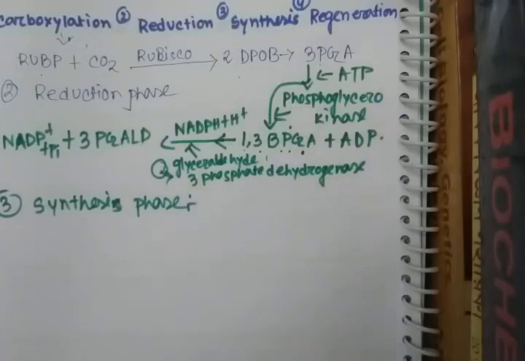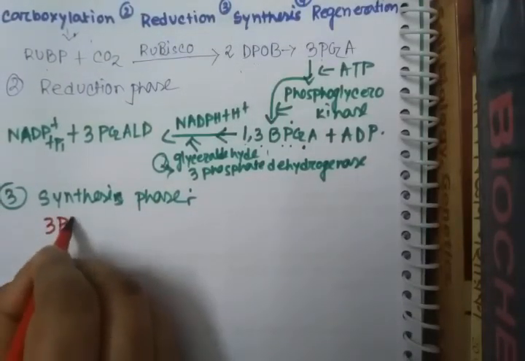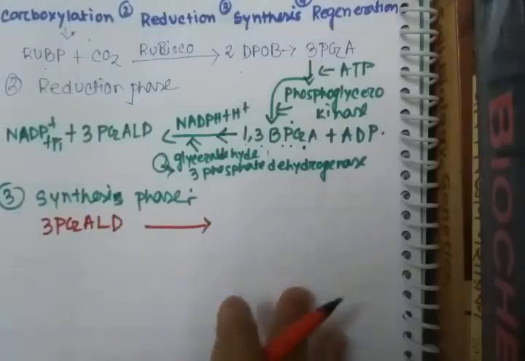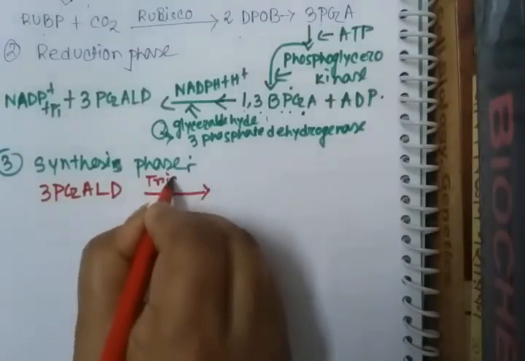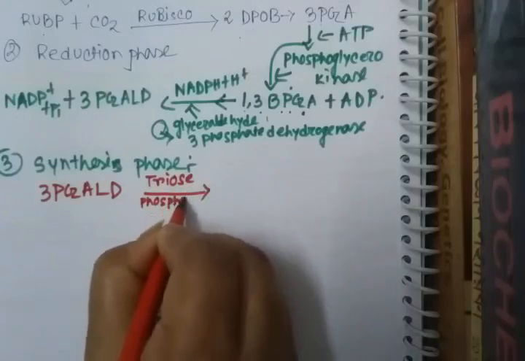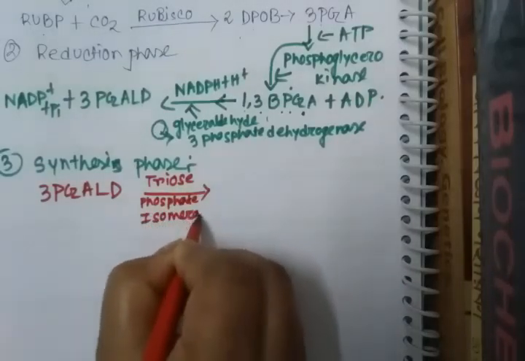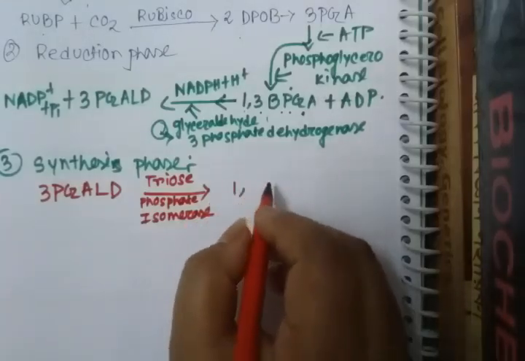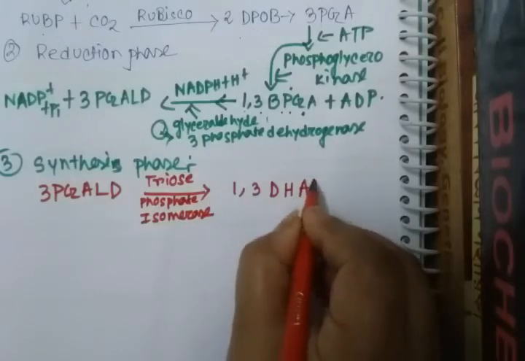So next, in the synthesis phase, the 3-PGALD with the help of another enzyme, triose phosphate isomerase, will form dihydroxyacetone phosphate, that is DHAP.